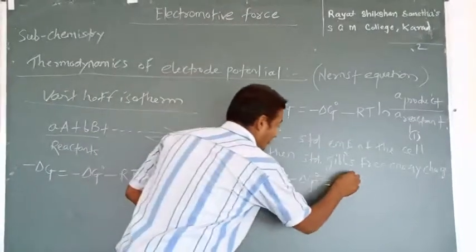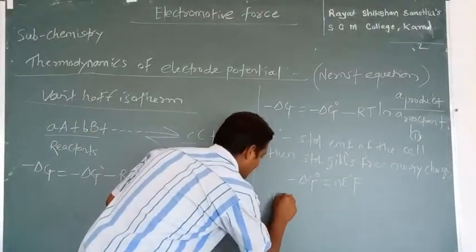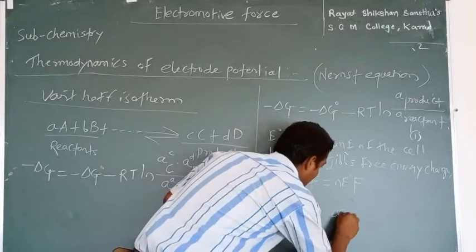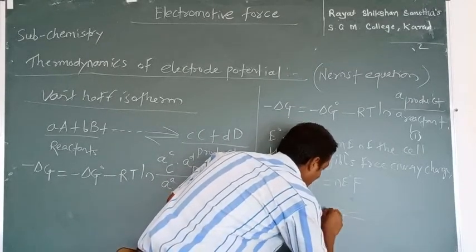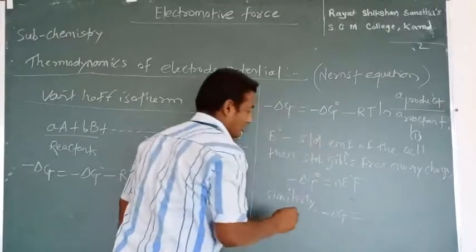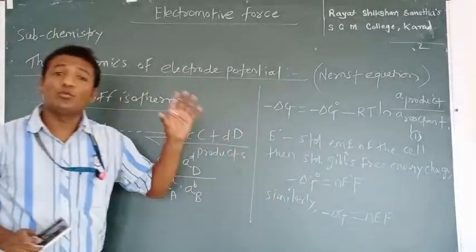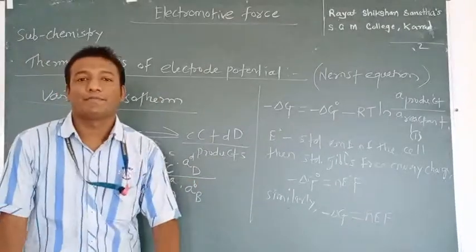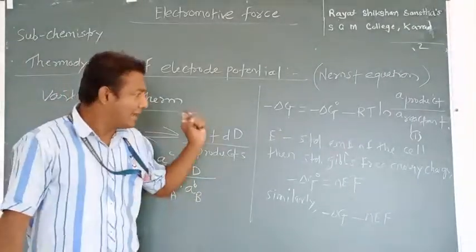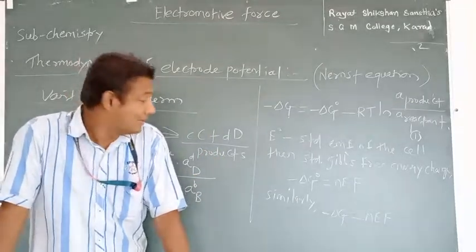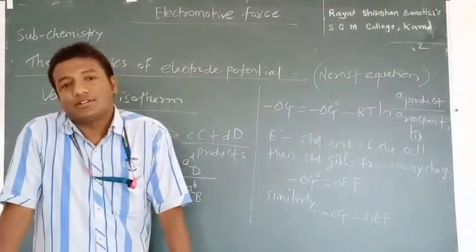Similarly, we can write down for free energy change: delta G, the decrease in free energy change, is given by nEF. This is nothing but the electrical work done by the cell. We have considered the electrical work done of the cell to be the decrease in free energy change.